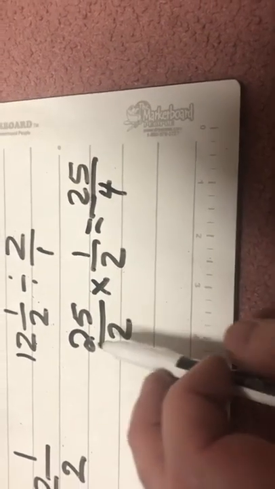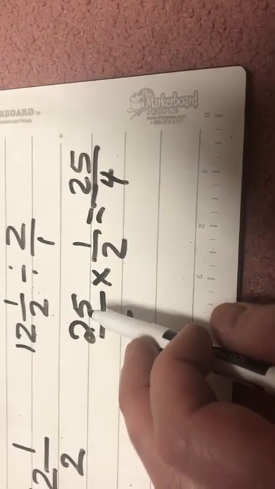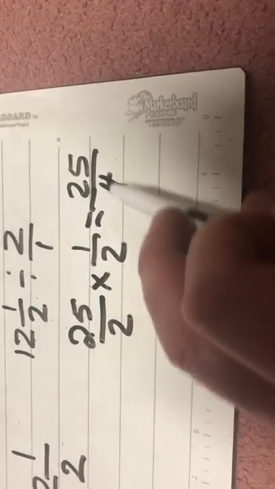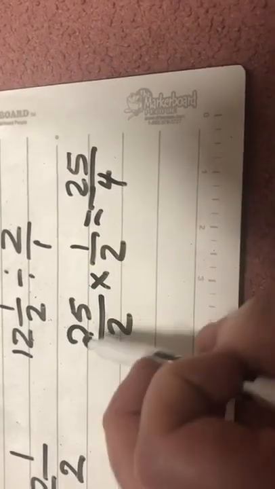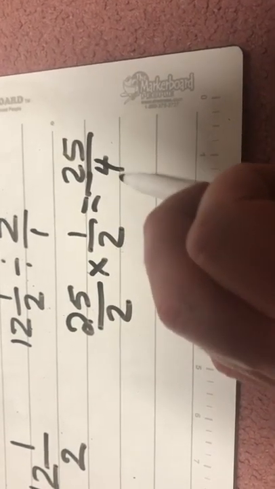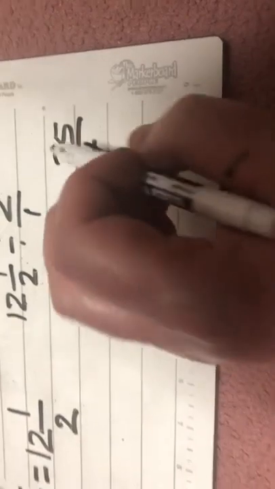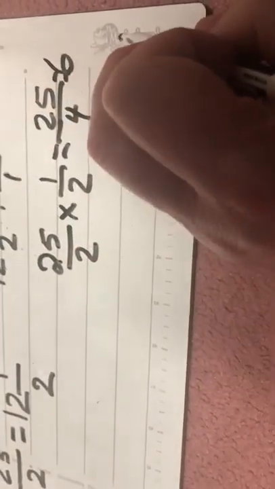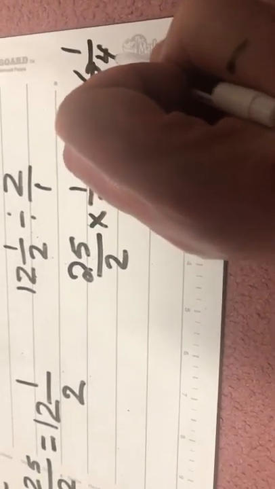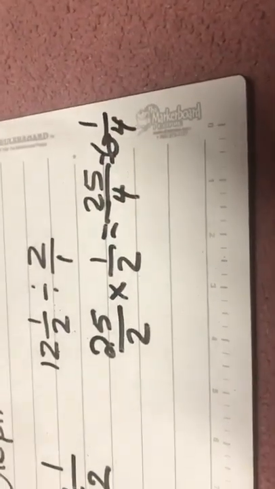Okay? So I do 25 times 1, that makes 25. 2 times 2 is 4. I couldn't cross-cancel, so I can confidently say that's in simplest form. I just need to make it a mixed number. 4 can go into 25 6 times. There's 1 left over. My denominator is 4.